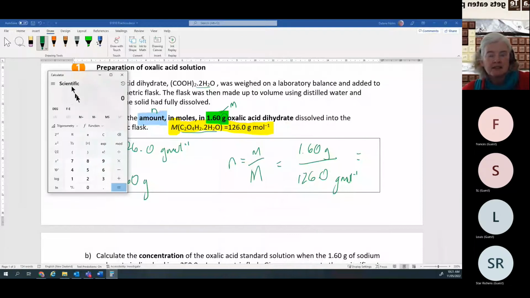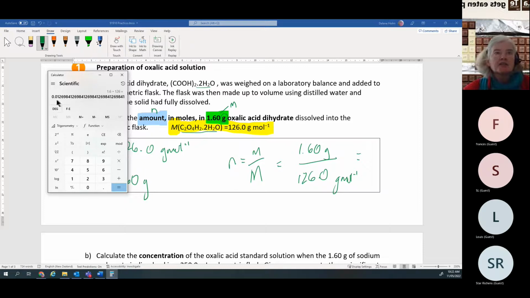And that will give me an answer if I get my calculator out. So if you just go 1.6, now obviously the calculator doesn't care whether you've got significant figures or not. So I'm just going to not put in the 0, but divide it by 126 equals. Now notice it gives you a whole lot of numbers. So write at least 3 of them down, but keep all the figures in your calculator.